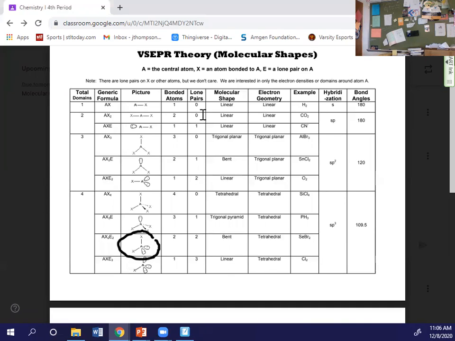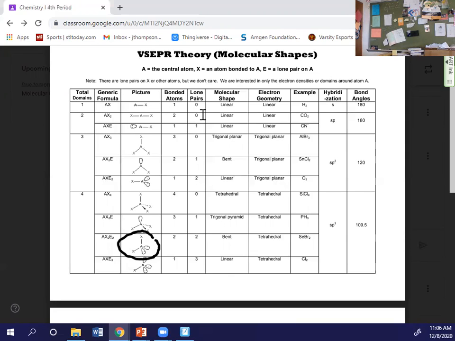This one uses A's and X's, doesn't it? I'm going to use O's and H's. I'm going to draw it the exact same way, but instead of writing an A, I'm going to write an O. Instead of writing my X, I'm going to write an H.